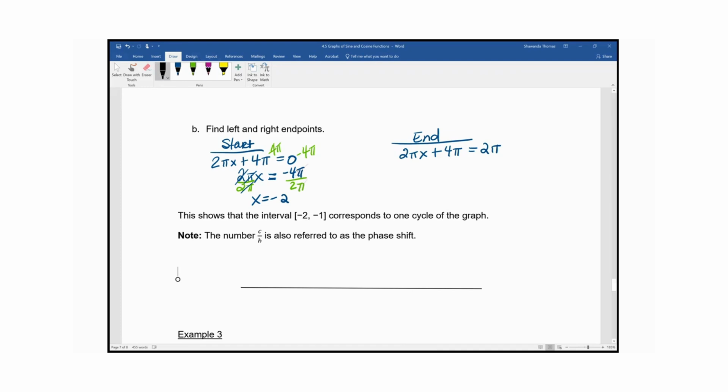So we start at -2. And I'm going to give you a minute to see where we end. So I want you to solve for the right endpoint. I'll give you 60 seconds to work on it.